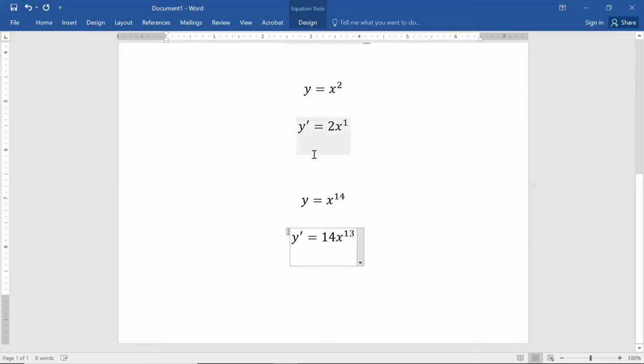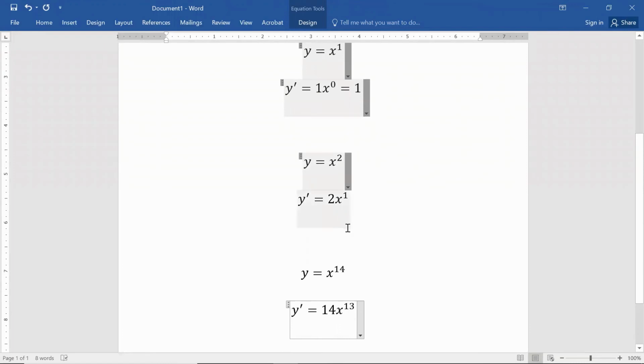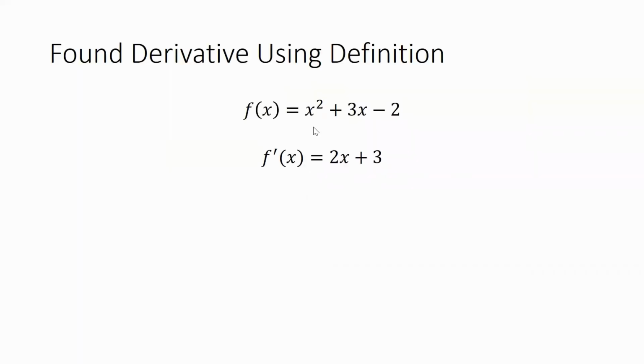Now that's a really odd sort of rule, but we've actually seen this type of rule before. If you remember back to this function we found the derivative of, the derivative was 2x plus 3.